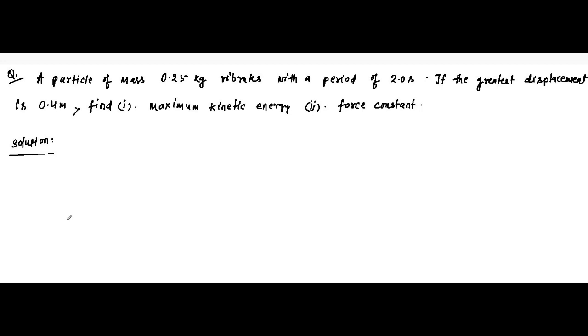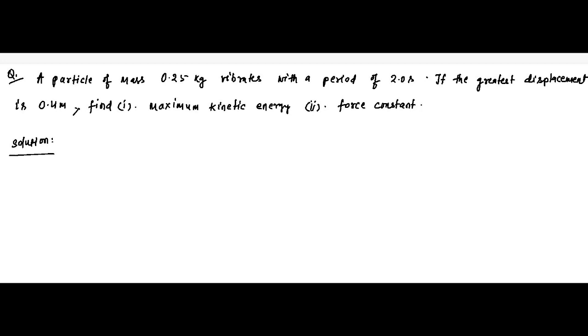So here is another question on energy of simple harmonic motion. It is given that a particle of mass 0.25 kg vibrates with a time period of 2 seconds. If the greatest displacement attained by this object is 0.4 meter, find the maximum kinetic energy and the force constant.